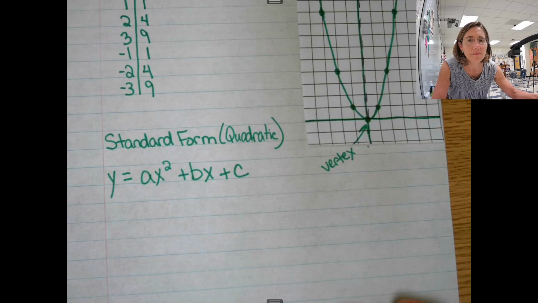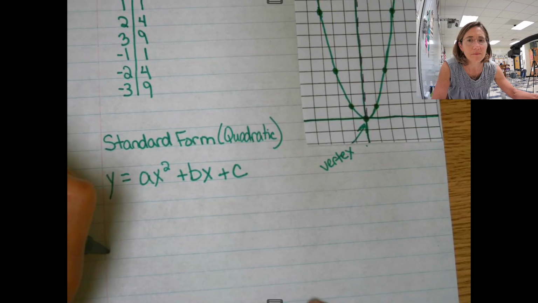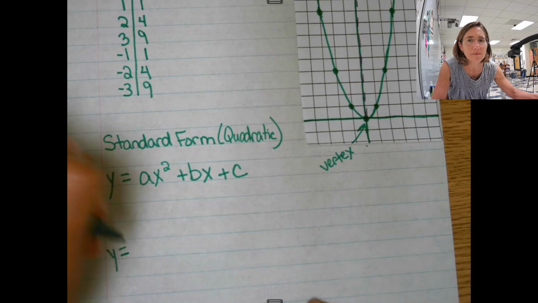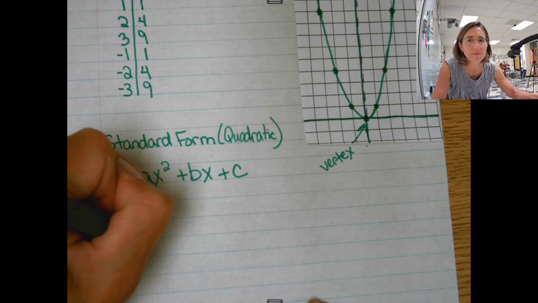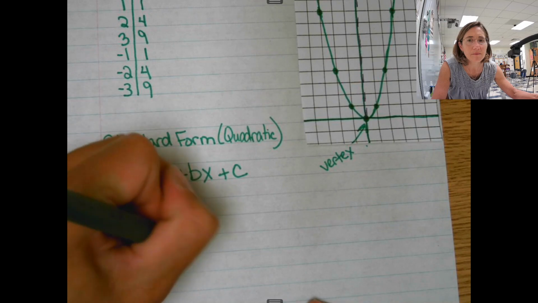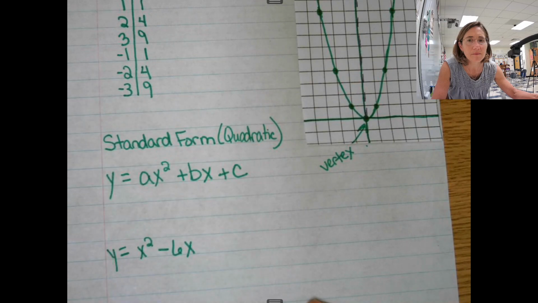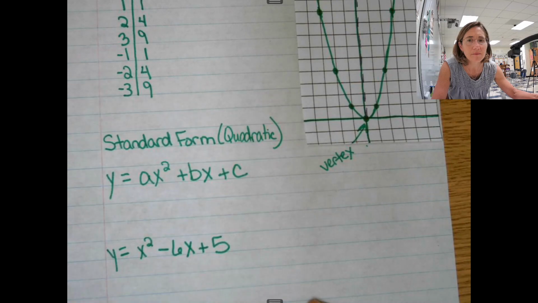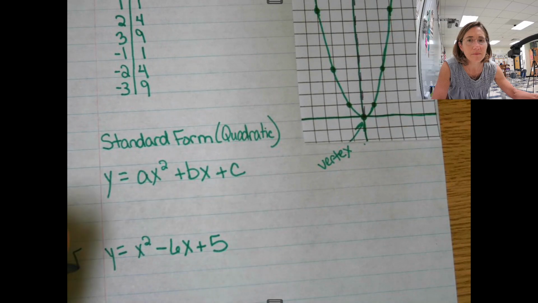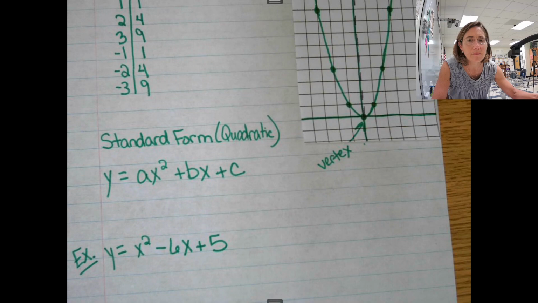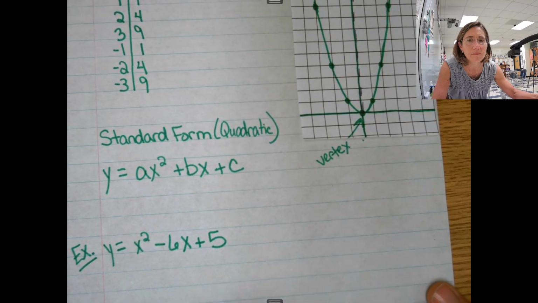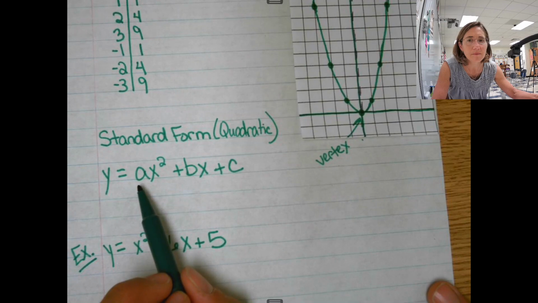So let's use as an example y equals x squared minus 6x plus 5. I'll put example off here to the side. Let's see if we can identify what a and b and c would be. Well, a is the coefficient in front of the x squared.